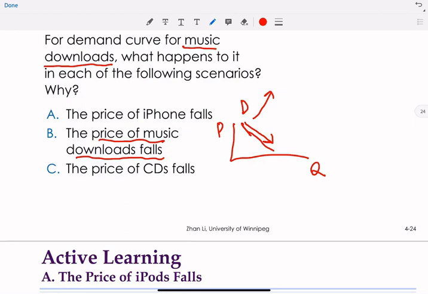So in this case, if the price of CDs falls, then people will want to buy more CDs. And because CDs and music downloads are substitutes, as people buy more CDs, they will reduce their consumption of music downloads. So in this case, the demand for music downloads decreases, right?